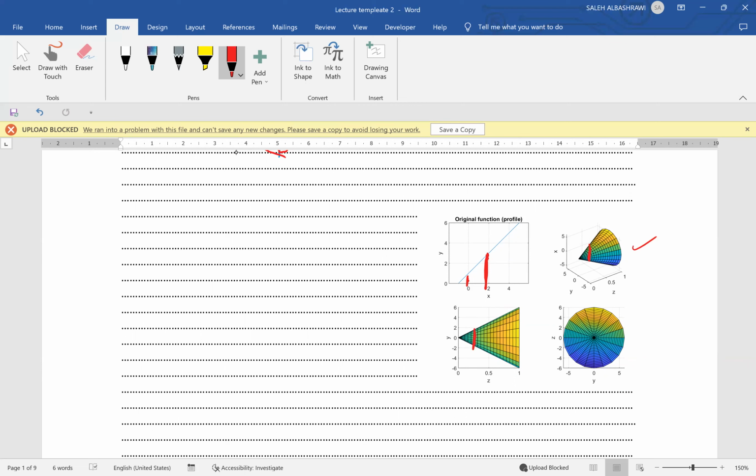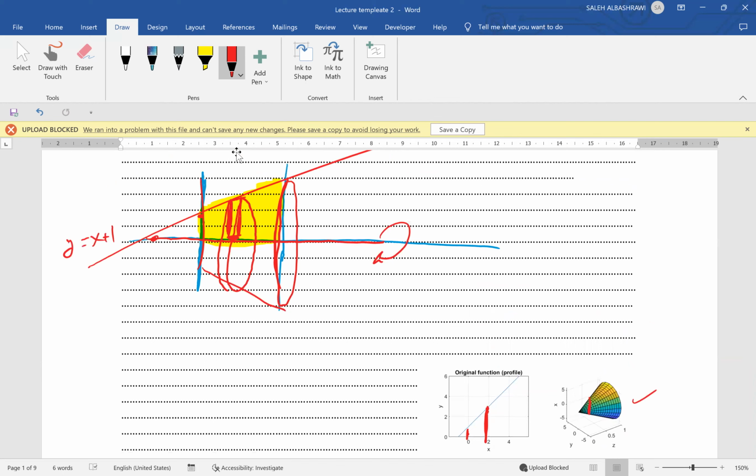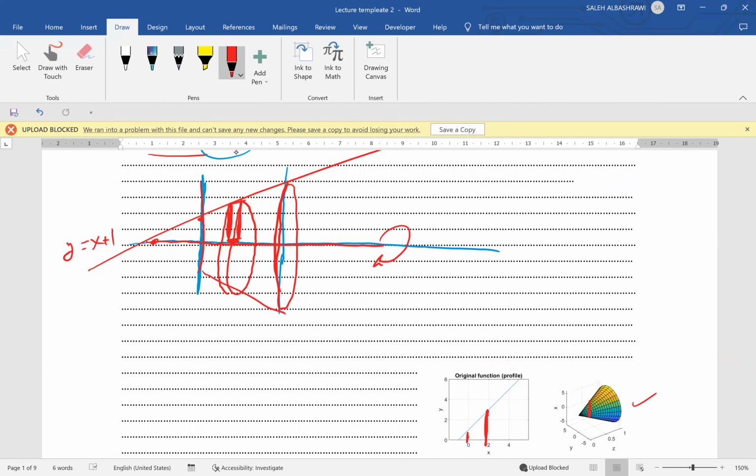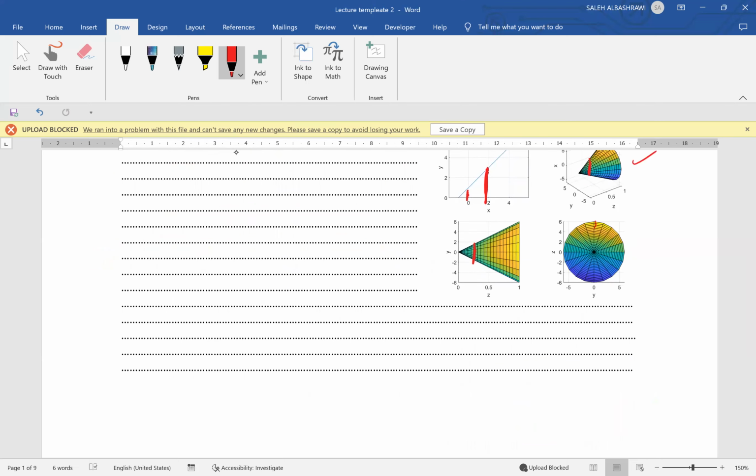And the cross-sectional area is a circle. So A(x) in this case, since we have a disk, is the area of a circle. R is the radius of the cross-sectional area. We denote R as equal to the function y itself, which is equal to x plus 1.